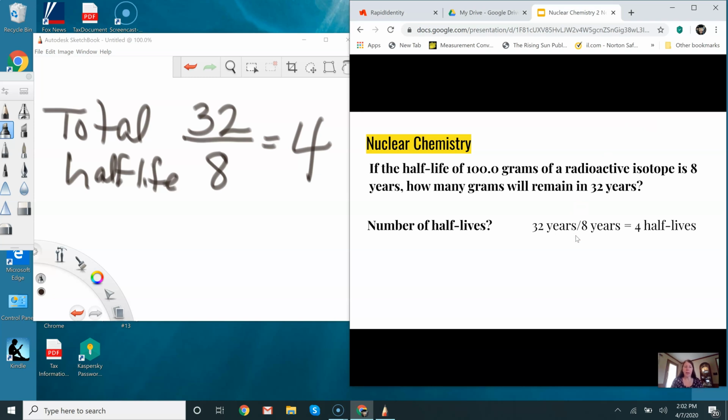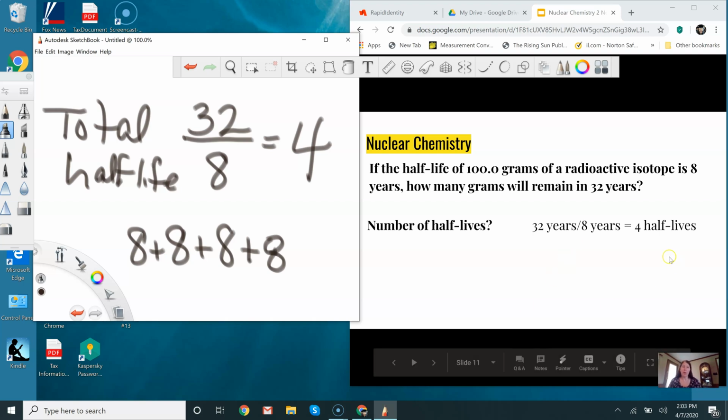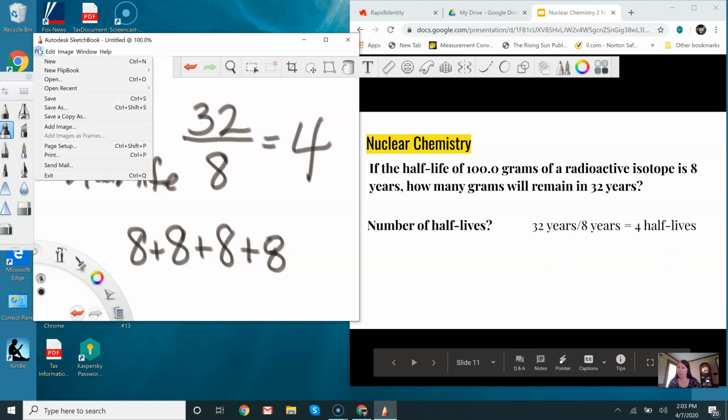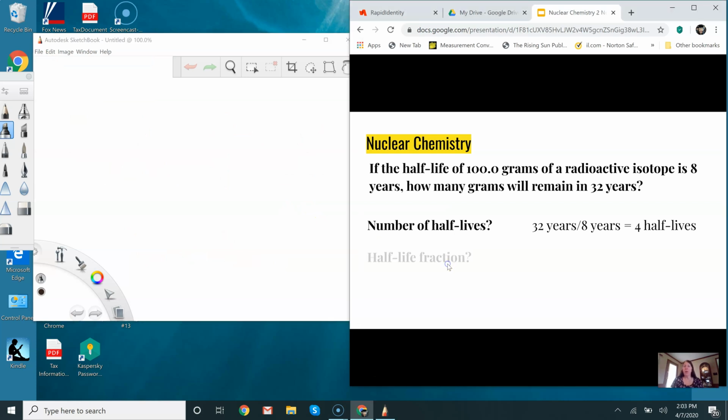Again, if you want to look at it a different way, you could say you're trying to get to 32: 8 and 8 is 16, and 8 is 24, and 8 is 32, and you know that you've done it 4 times. Either way that works for you. Okay, we've done the number of half-lives, so what would our half-life fraction be?